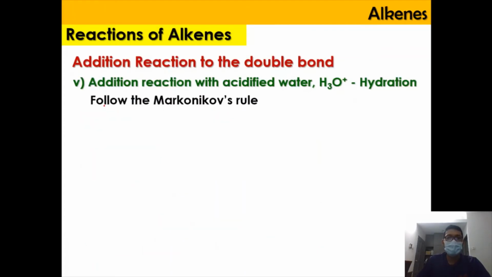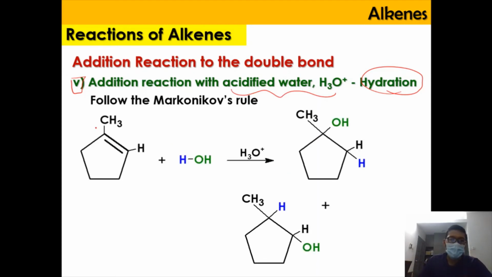All right, now we're gonna do another reaction, which is reaction number 5, addition reaction with acidified water, where when we add water, it basically refers to hydration. Okay, hydra maksudnya air, tambah air kepada alkyl bond tadi. So let's say we have an alkene and we add water at the acidified condition H3O+.